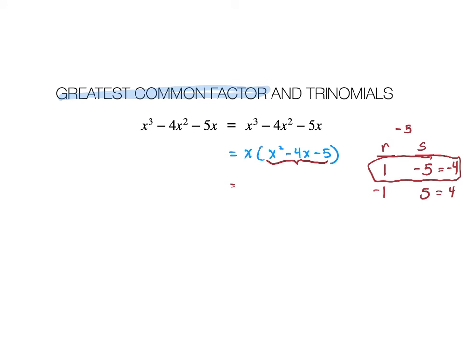And so I have to keep track of all my factors. I already have this x outside, so I have to rewrite him. But now this trinomial can be rewritten as x plus 1, this guy, and x minus 5. And I'm going to go over here to the left-hand side. I'm going to check him real quick.